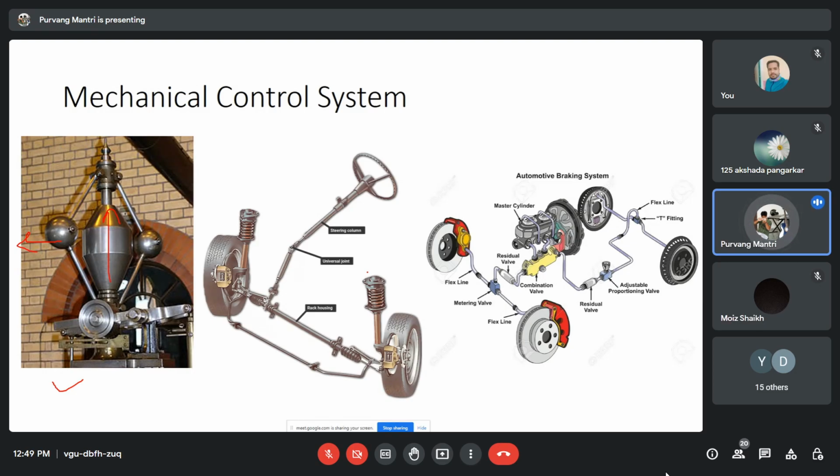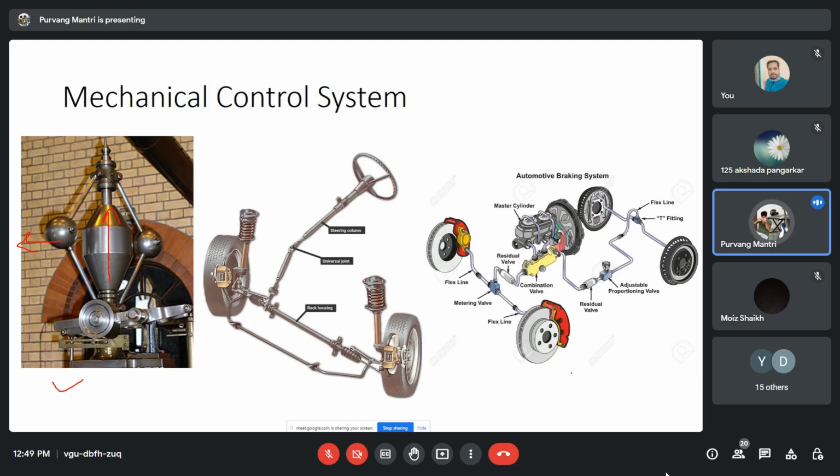And for that entire three turns, the front wheels will only move for certain degrees, barely 45 degrees from left to right. So for 3 turns of the steering wheel, the front wheels can be multiplied or divided into certain angles. So that is a type of control system.